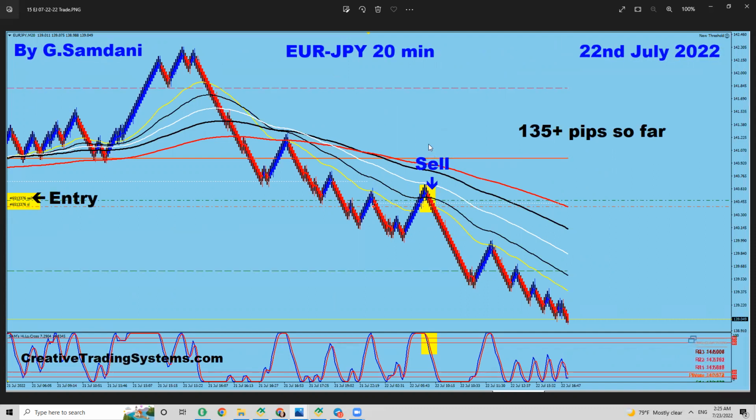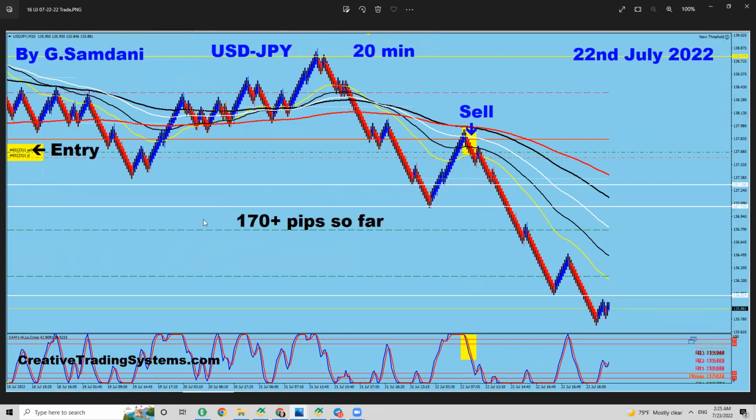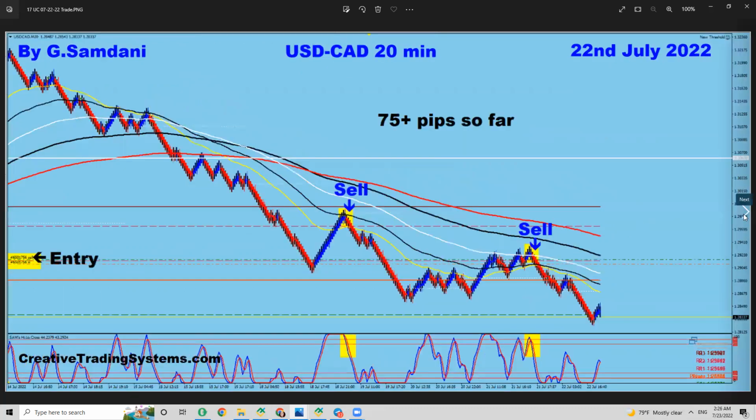So on the 20th and 21st, the setups were building, and on the 22nd, you can see here euro yen to the downside, 135 pip, and then USD yen for 170 pip to the downside on the 22nd, which is Friday. And USD-CAD, this was the first one, and then again it retraced, and like I said, the retracement, and again the trade.